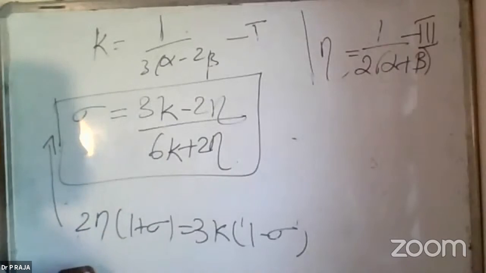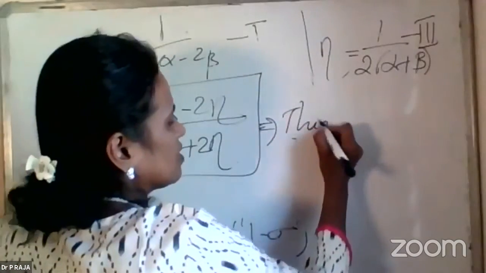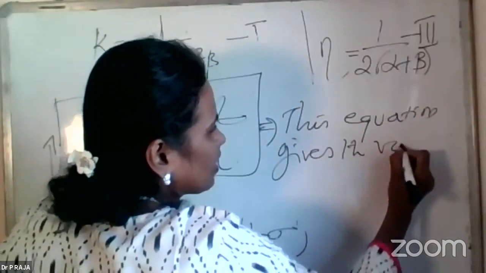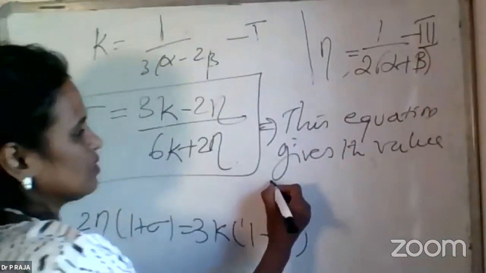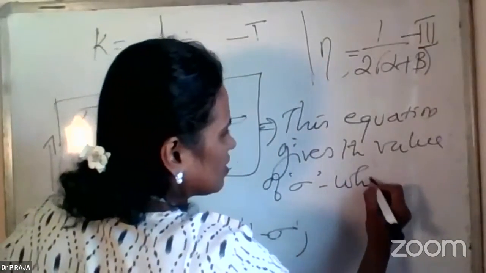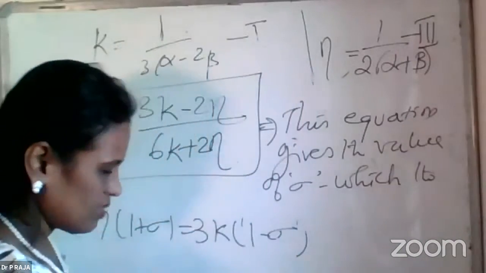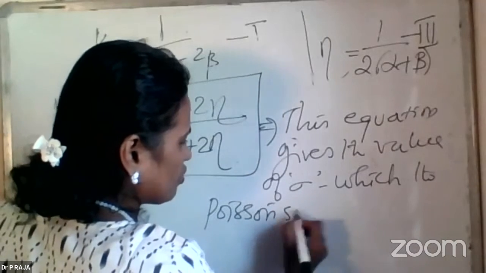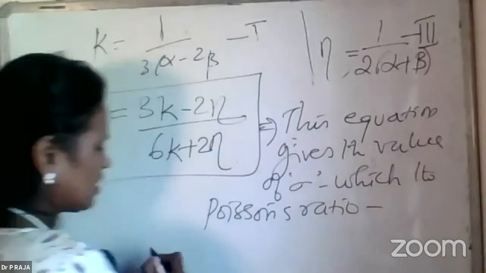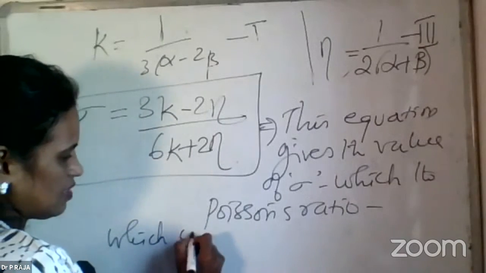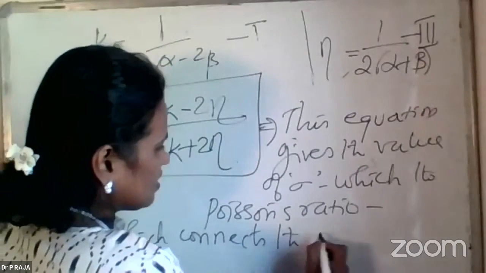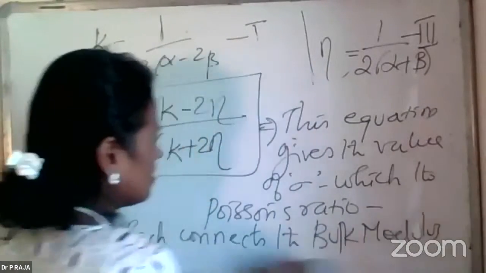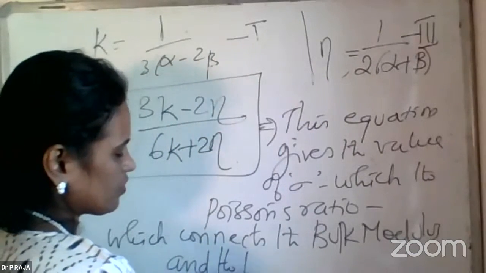This equation gives a value of sigma. What is sigma? Sigma is the Poisson's ratio, which connects the bulk modulus and the modulus of rigidity.